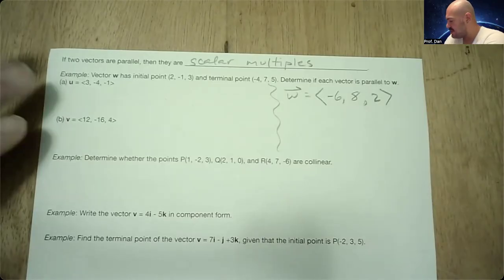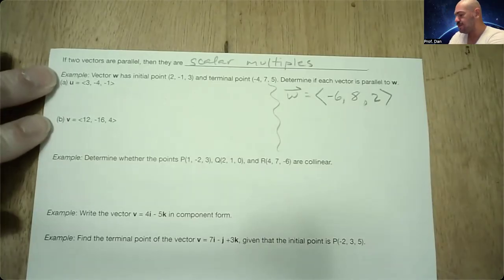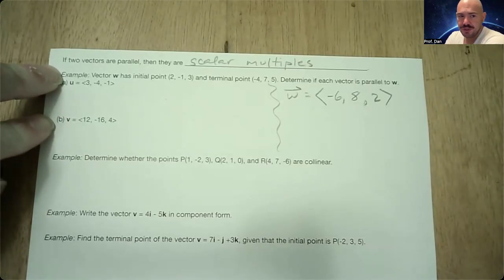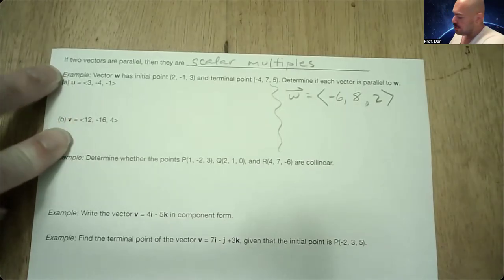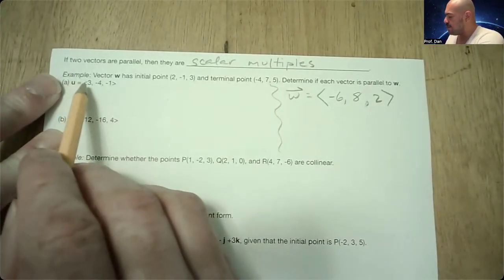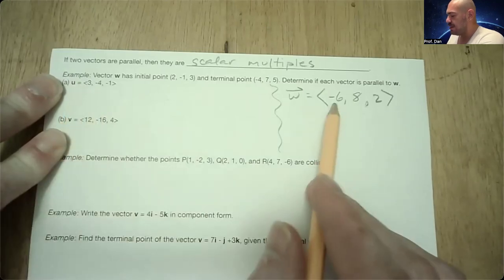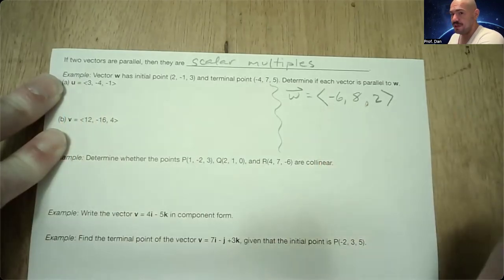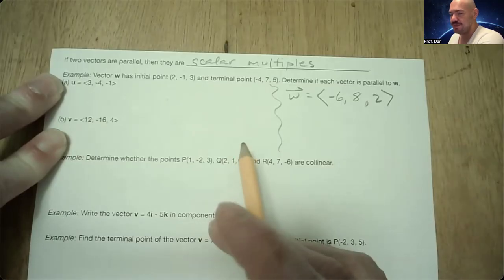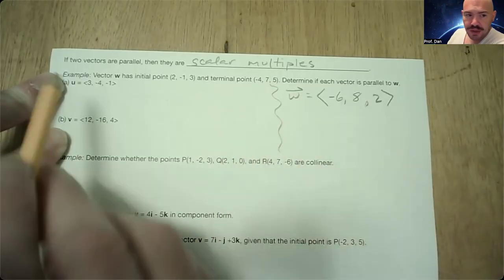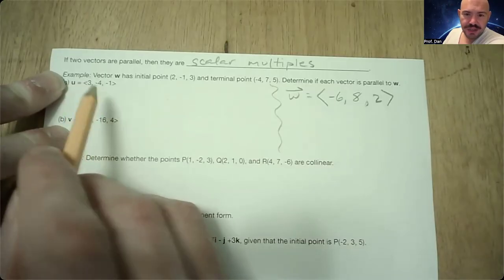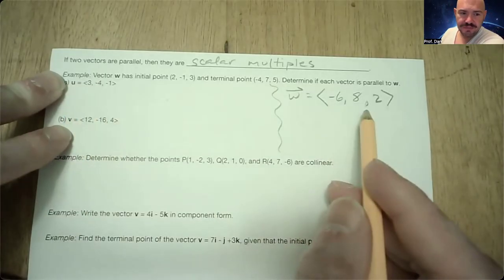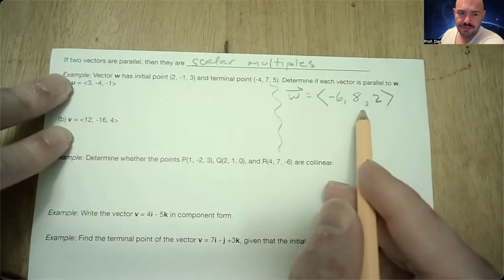Basically, if we can say that each of these is W times a number, then that vector will be parallel to W. So for this one, is there a number I can multiply W by or divide W by? Because remember, division is multiplying by 1 over. All right, so is there a number I can multiply all the components of W by that will give me U? Yes.